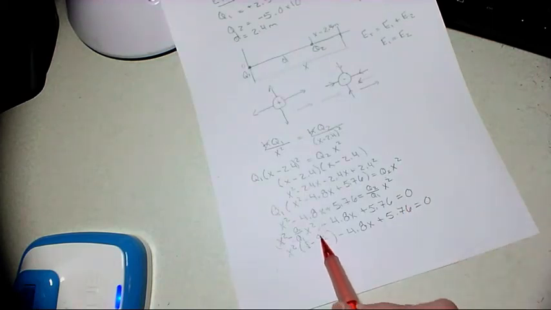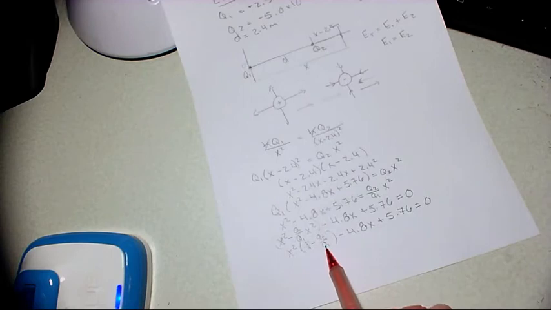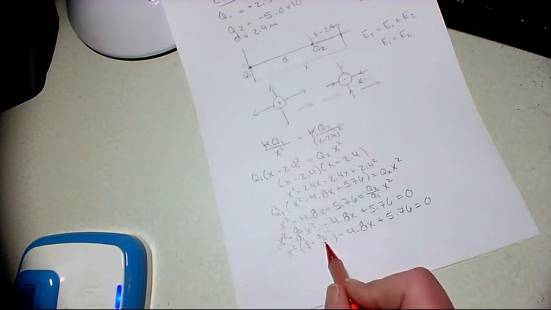Now these are numbers, so I can simplify this expression and I will finally have my quadratic equation. So I'm just going to do my Q2 divided by my Q1 and we'll be set.